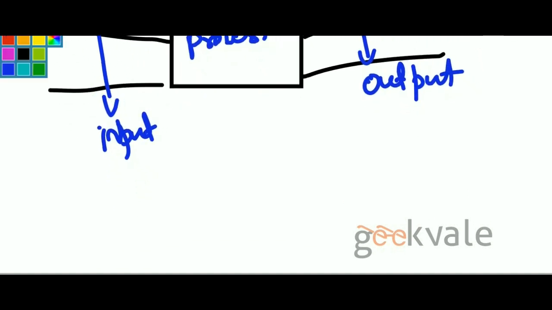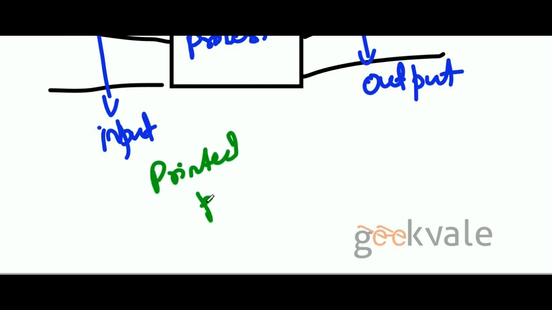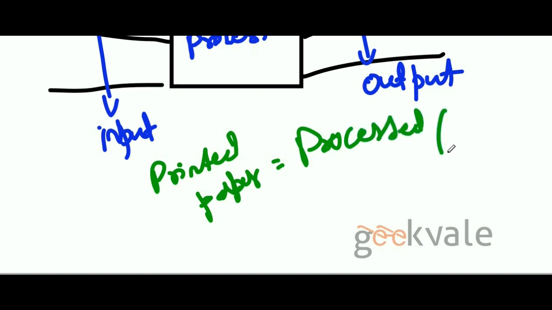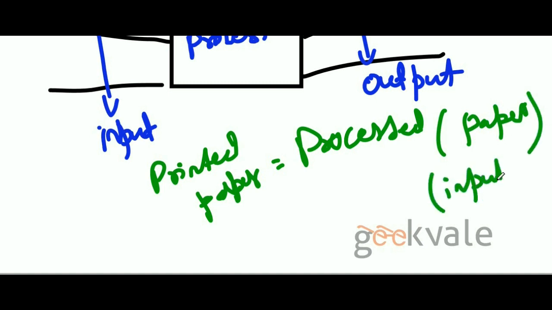So if I put that in some different arrangement, I can say that the printed paper that I got after the processing, I can say this is actually the processed paper, or I can say it's the processed input, right? I can say that. Now what is printed paper?